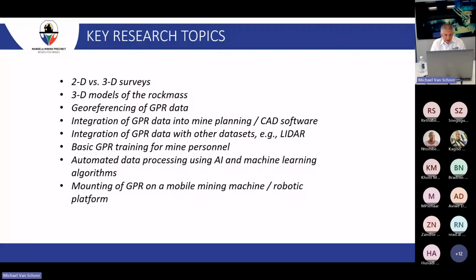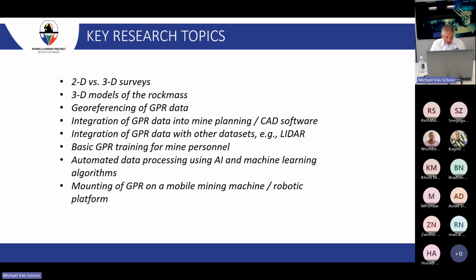So when the AOK project started looking at GPR in a bit more detail, these are the key research topics that we focused on. The 2D versus 3D issue, and trying to generate 3D models of the rock mass, not just radargrams. Georeferencing, obviously, a big thing. And then we spent quite a bit of time more recently on integrating our outputs with CAD software and other visualization software.